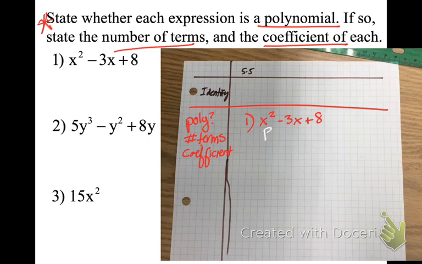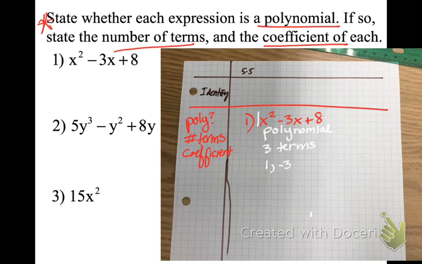Yeah, it's a polynomial. And then it says, state the number of terms. How many terms does this have, Riley? 3 terms. And then the last part says, and the coefficients. What's the coefficient of the first term? 1. Keep going. -3.